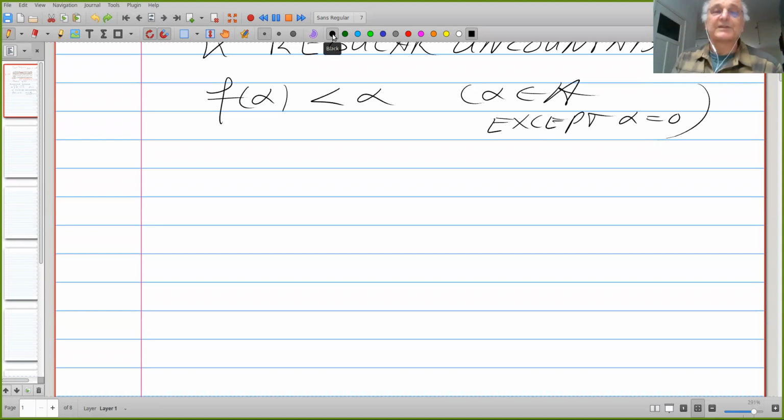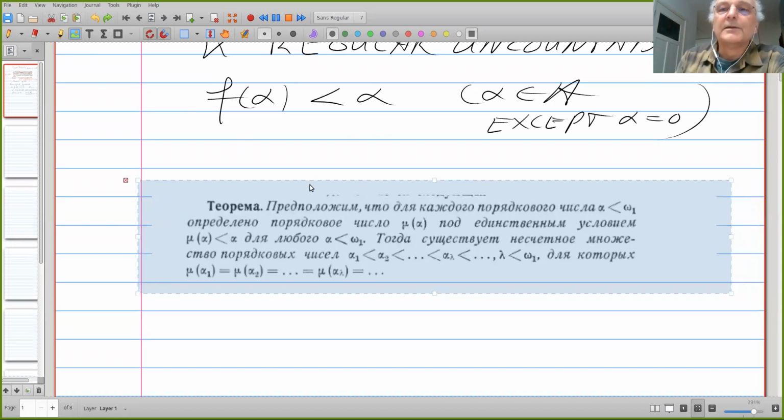By the way, this notion that a regressive function is constant on a large set is already quite old. I put this here just for fun.